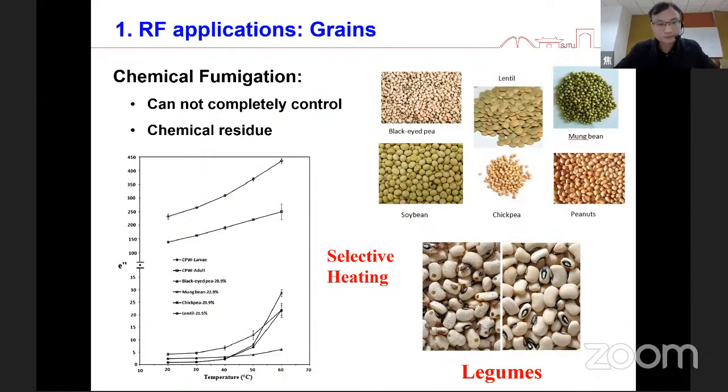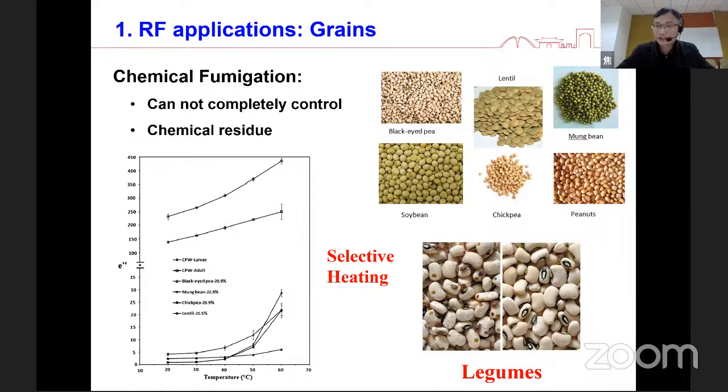Generally, we are using chemical fumigation methods to control the insects. But this method is not good for the environment and human health. Most importantly, chemical fumigation cannot kill the eggs of the insects.